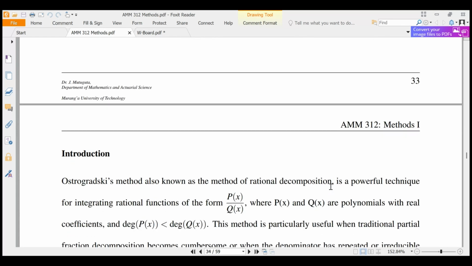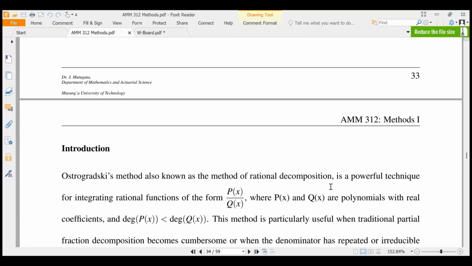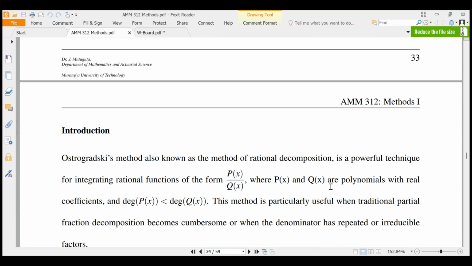So we look at this method in general. The Ostrogradski method, which is also known as the rational decomposition method, is a powerful technique for integrating rational functions that take the form p of x divided by q of x, where p and q are both polynomials, and the degree of p of x is less than that of q of x, as we have said.